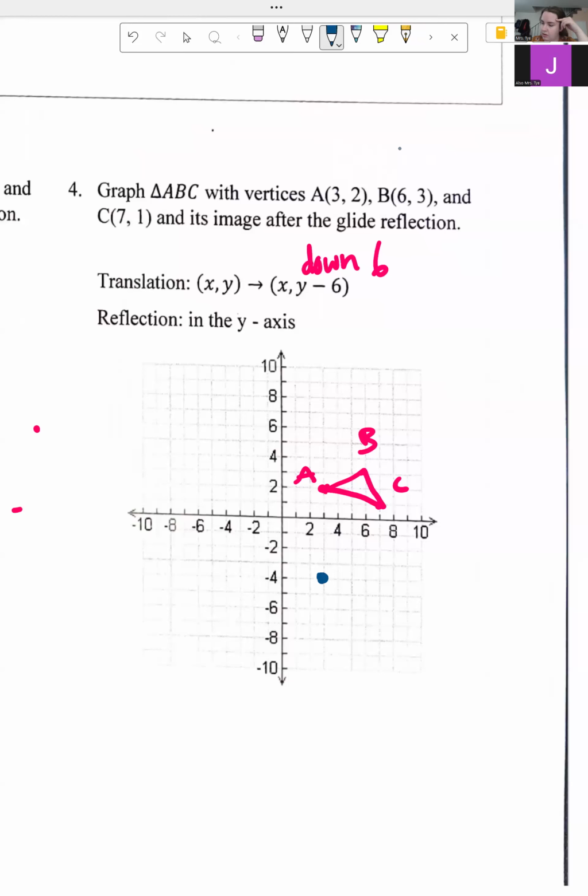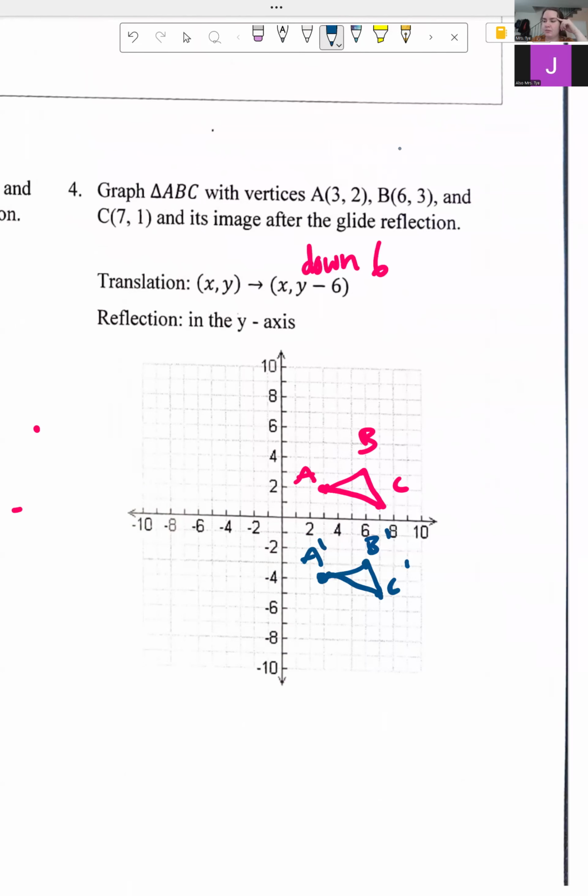It's at 3, so we're going to move 3 and 3 right there. Right there. We're labeling that A prime, B prime, C prime. So all of those points just got moved straight down 6. Hopefully your grid is a little bit easier to see than mine is on this screen.